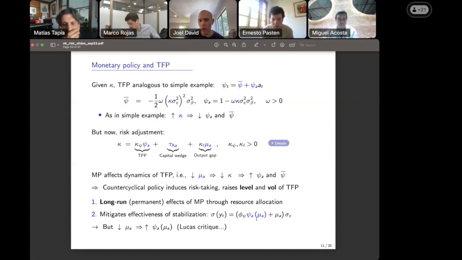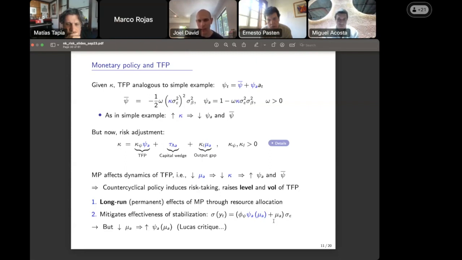If I move around mu A, I move around the volatility of output one for one. But here, because TFP itself depends on mu A and goes in the opposite direction, if I reduce mu A, meaning more countercyclical policy, it increases the volatility of TFP or the natural rate, and that undoes some of the effect of the original stabilization I was trying to do.